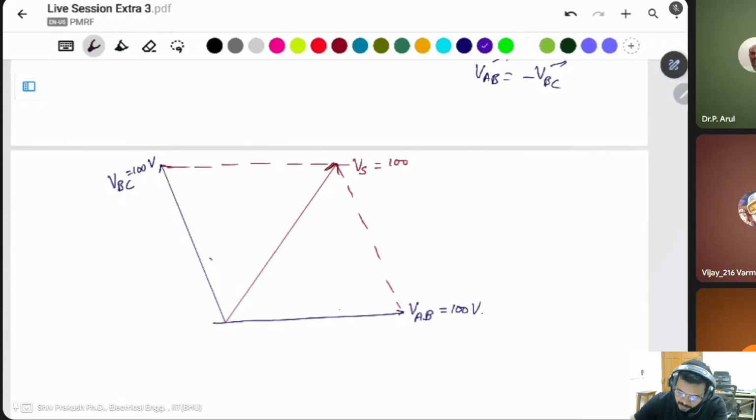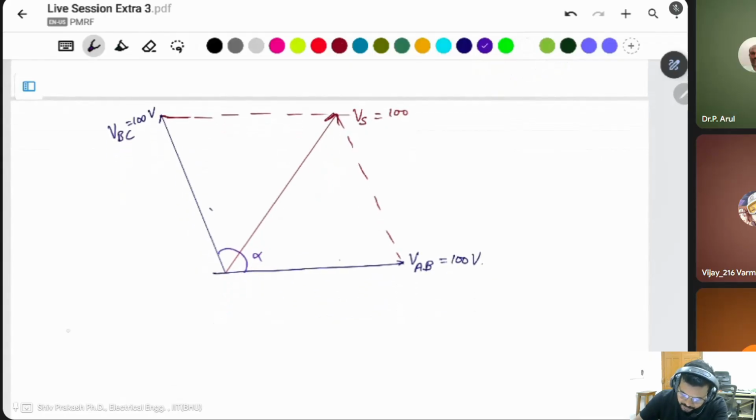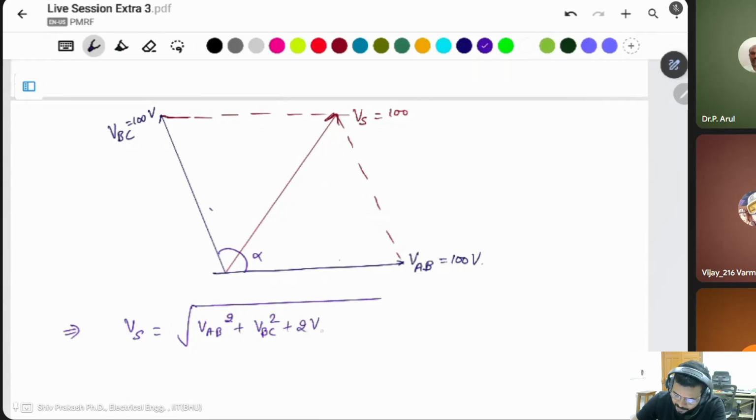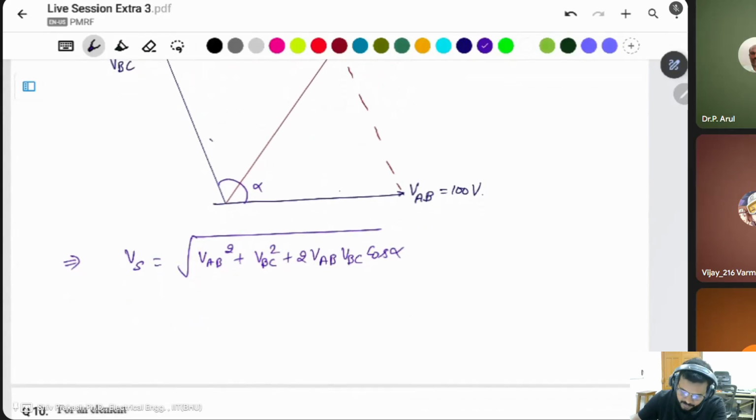Okay. Suppose the angle difference between the two is alpha. Then you can say Vs is the root of VAB square plus VBC square plus 2 VAB VBC cos alpha. Vs is 100 volt.